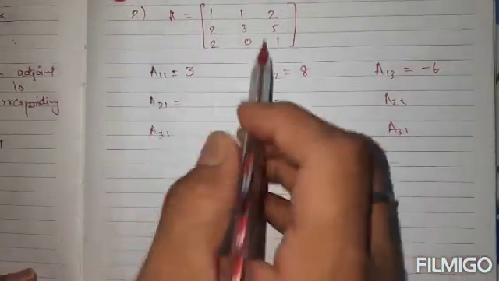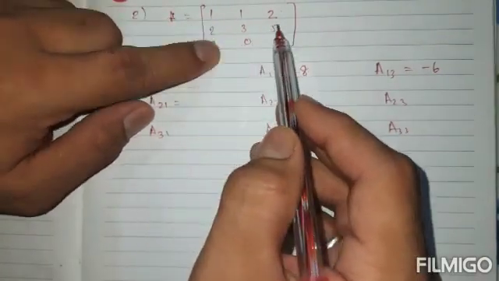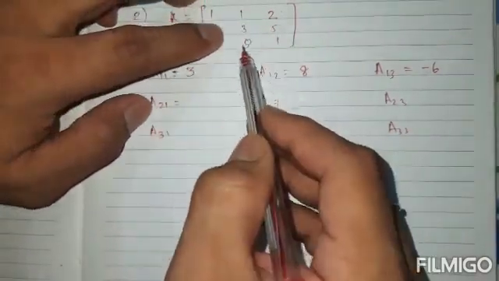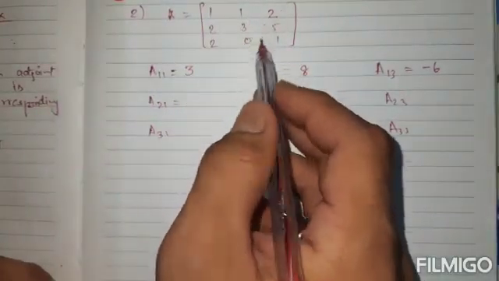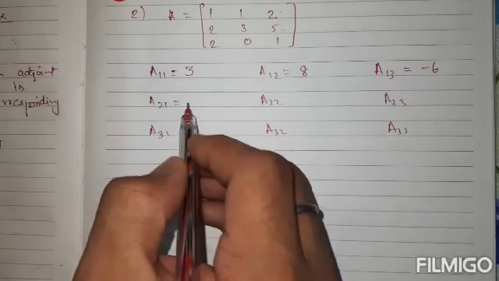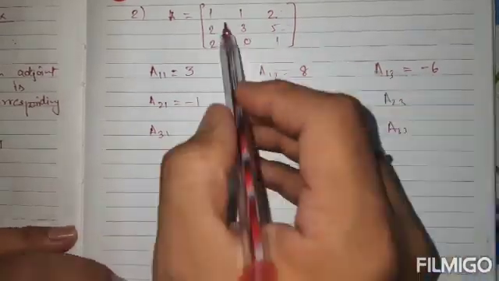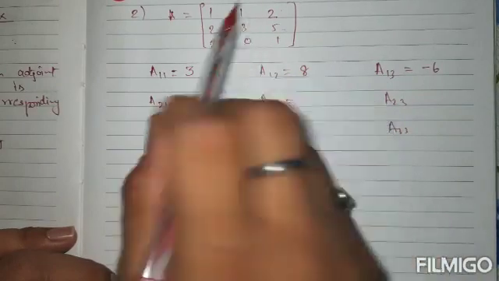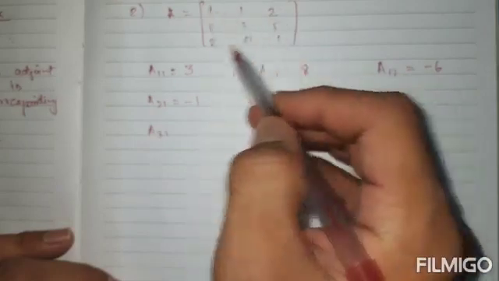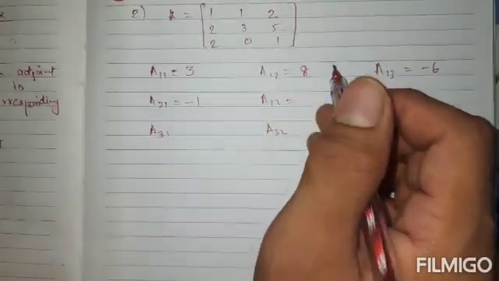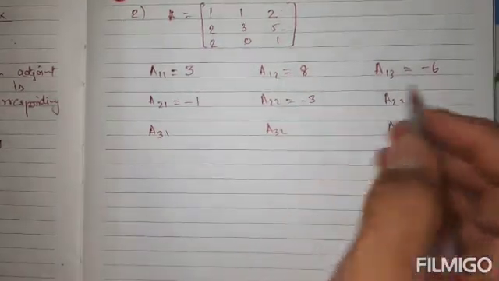Then A21: ignore this row and this column, so we get 1 minus 2 into 0, 0, so it is 1, but for an odd position its sign is -1. For A22, we have 1 into 1, 1, minus 2 into 2, 4. 1 minus 4 is -3, and because of the even position, it remains -3.